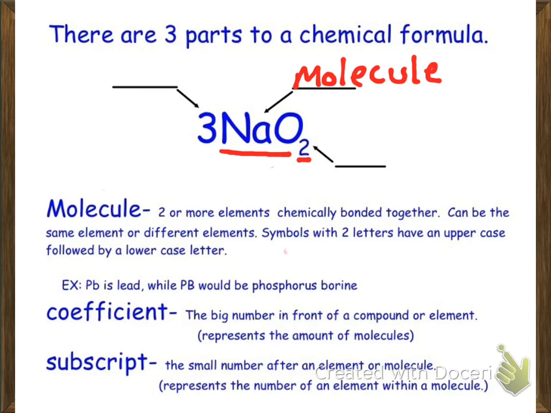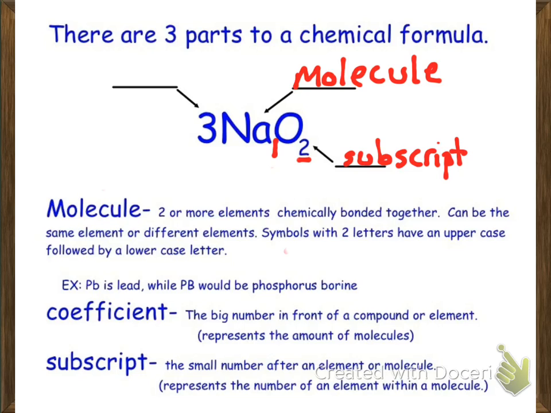And now there's this little number here. It's called the subscript, and sub means lower, so it makes sense that this is in the lowered position. The subscript tells us how many oxygen atoms there are, or how many of the element it's displaying on the left-hand side. If I look at Na, there is no subscript there. What that tells me is that there's only one of it.